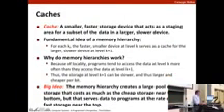Okay, so one way to think of a cache is to imagine your backpack when you're getting ready to come to school in the morning. So you're in your apartment, which is kind of far away from school. So before you come into school, you take items from your house and you put them in your backpack, right?